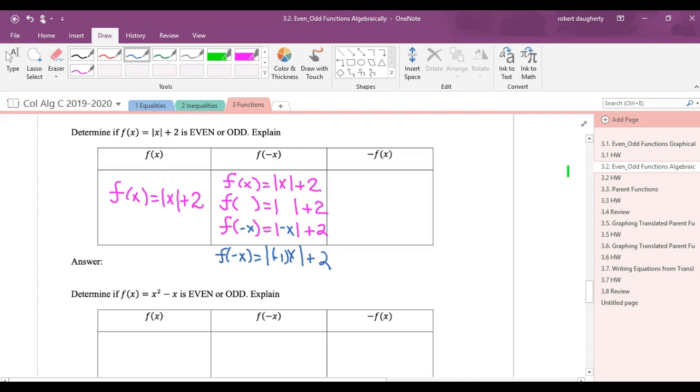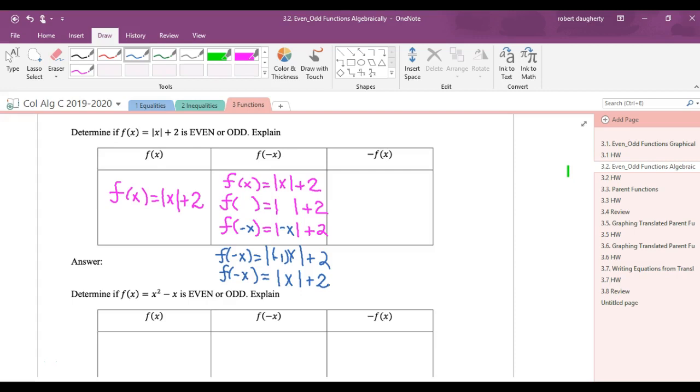So negative x is just negative 1 times x. What's the absolute value of negative 1? It's what? 1. So this tells me that f of negative x is equal to what? It's the absolute value of x plus 2. Okay? So the absolute value of negative 1 times x, that's the absolute value of x.